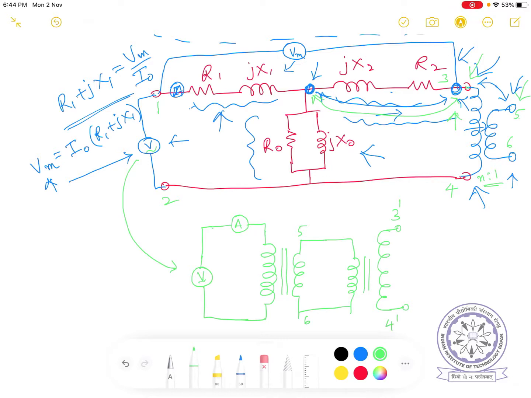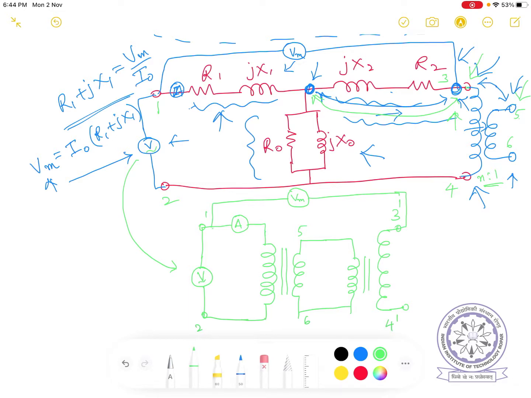Therefore, you can use 3 dash to connect this one. Now this is 1, this is 2. Now here you connect the voltmeter like this to 3 dash.